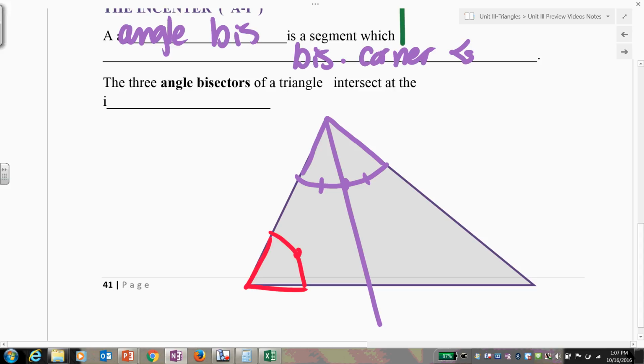Sweep, eyeball what looks like the middle. Starting from the vertex, going through. That's an angle bisector. Let's try a third one. Sweep, middle.